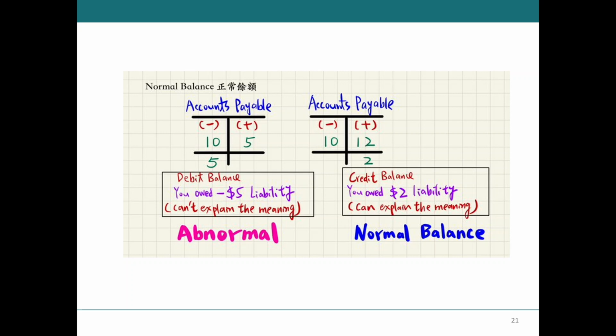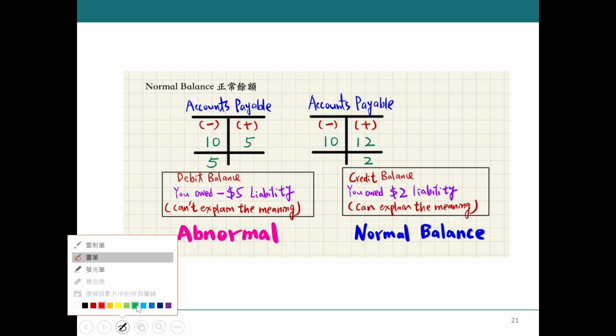I just give you the oral promise. So liability increase, do I have liability on debit or credit? Credit, okay? Liability increase on credit side. Liability decrease on debit side, okay?